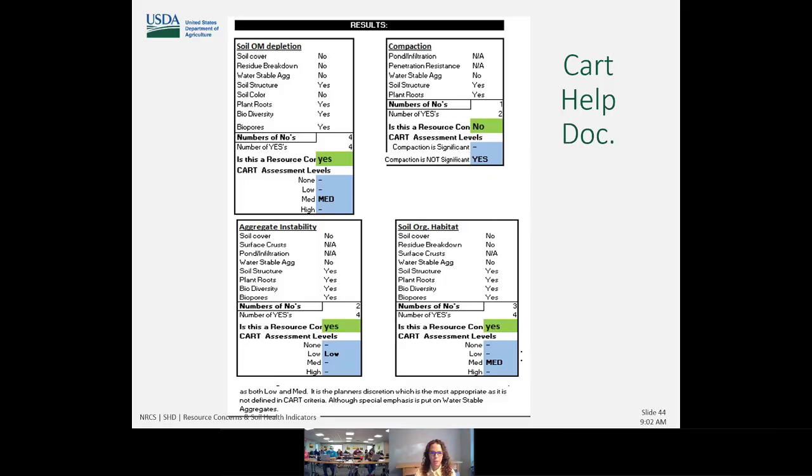We have a couple other examples here for aggregate instability and soil organism habitat that just show how, with different in-field assessment criteria selected, it would break down. But this is a really helpful guidance to make some decisions in CART.